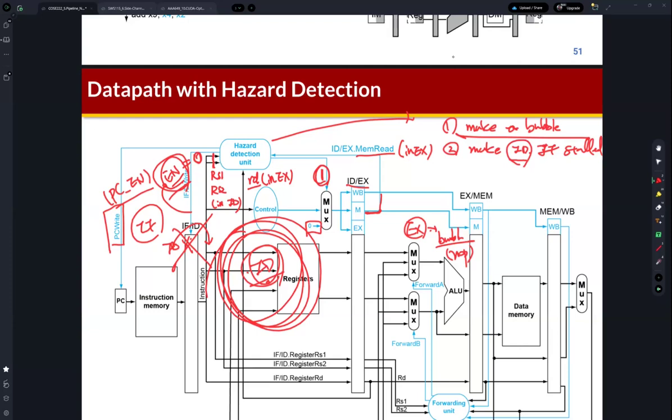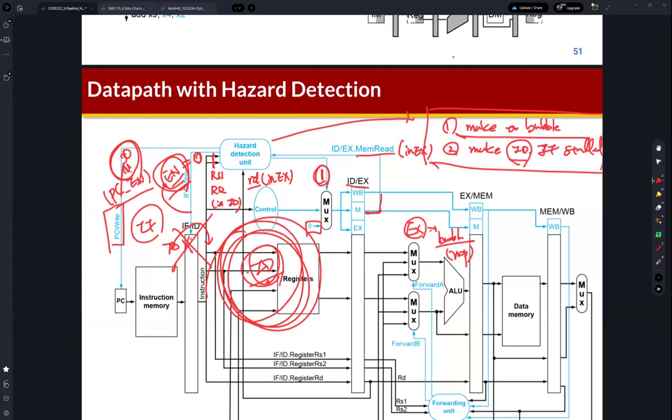So by making this write signal 0, so PC enable is 0, then the PC is not updated. So the instruction in the instruction fetch stage is also maintained. Okay, so these are the required outputs for the load use data hazard.